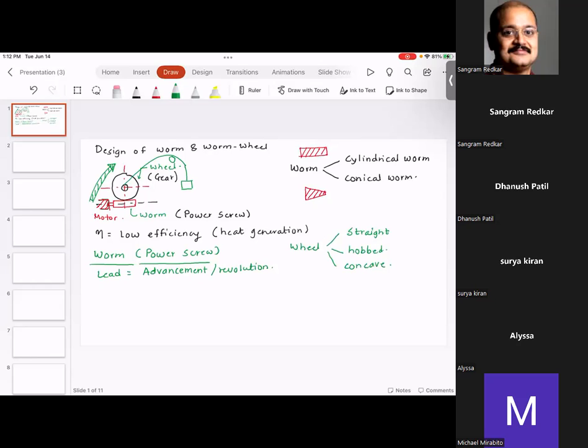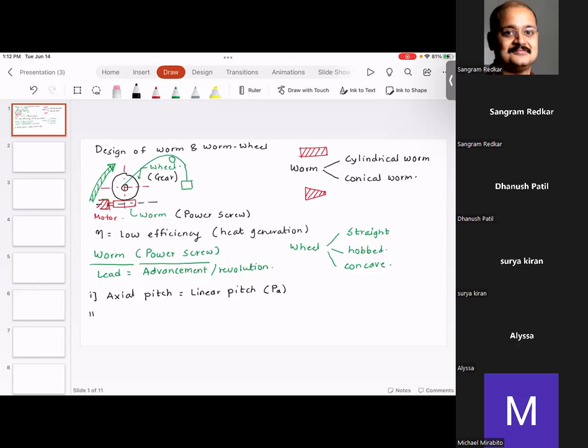And there is the concept called axial pitch, which is also interchangeably used as the linear pitch, called PA.